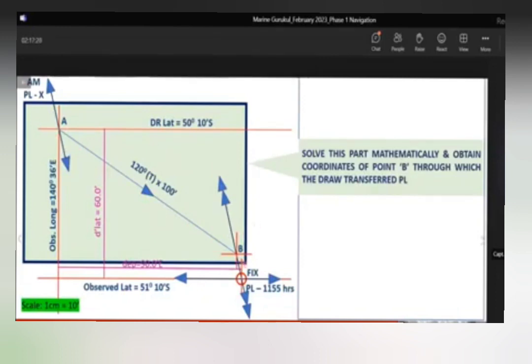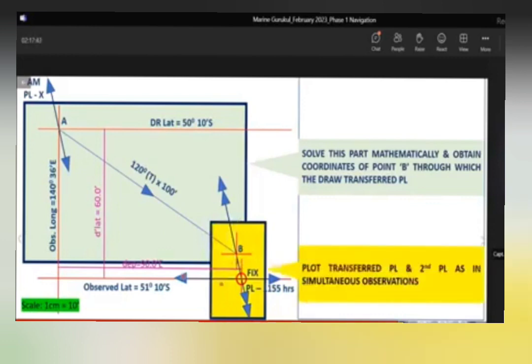Once we have this point B coordinates through which to draw the transferred PL, we also have the second PL. The transferred PL and second PL being of the same time, this part of the plot, which is in the yellow box, can be plotted.